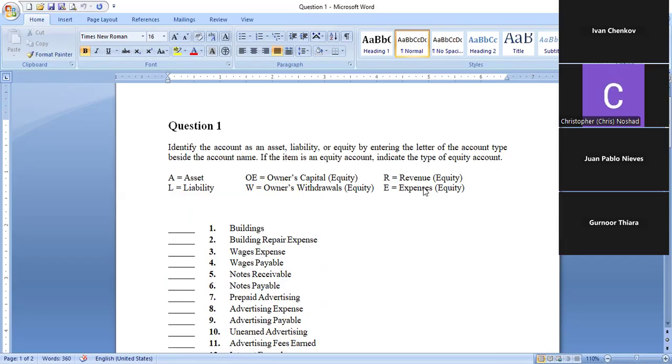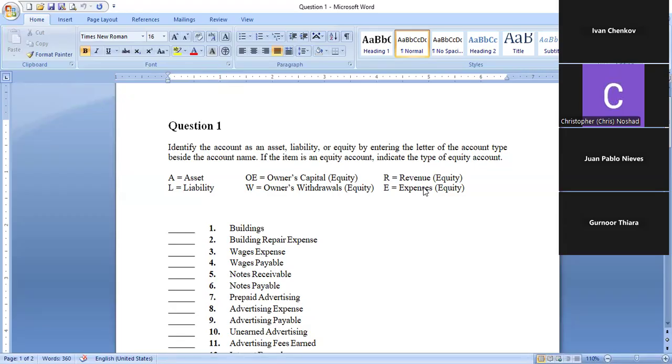every time the account says payable, most likely it will be a liability. If the account says expense, most likely it will be an expense. There are some exceptions.